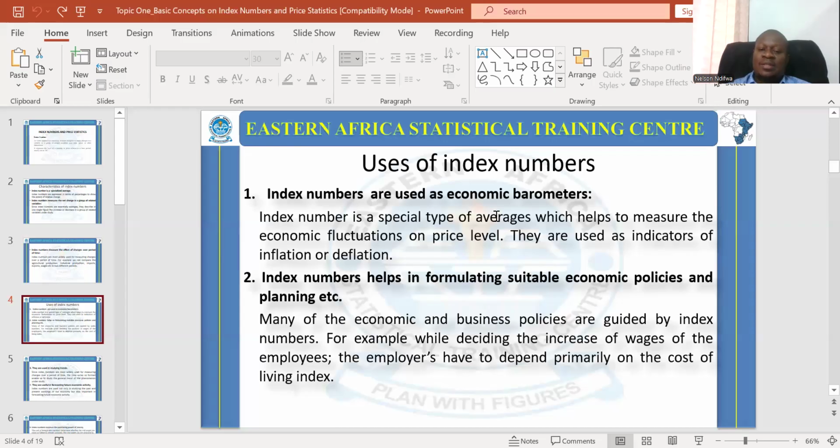From the index number we can get inflation, and then we can see if the wages reflect the current situation in the economy.